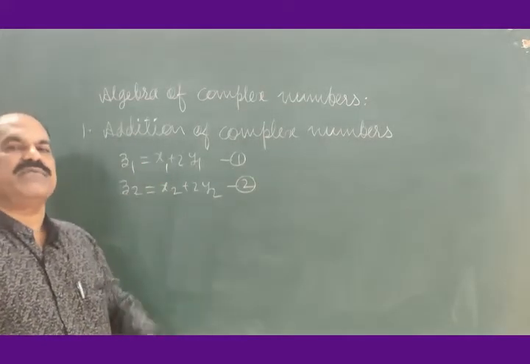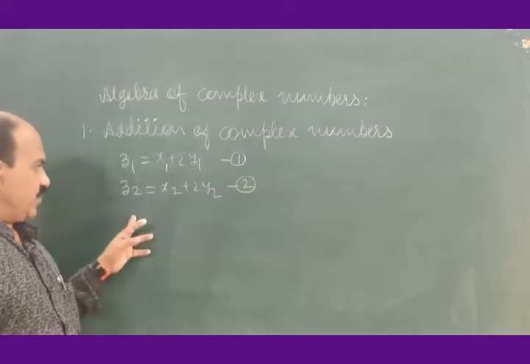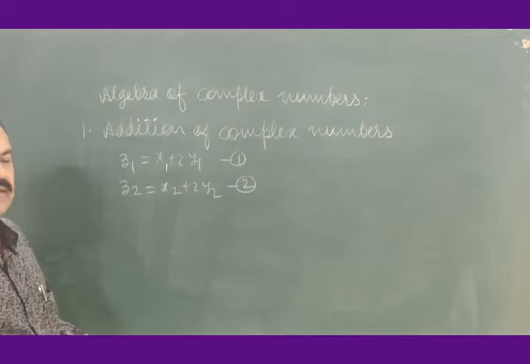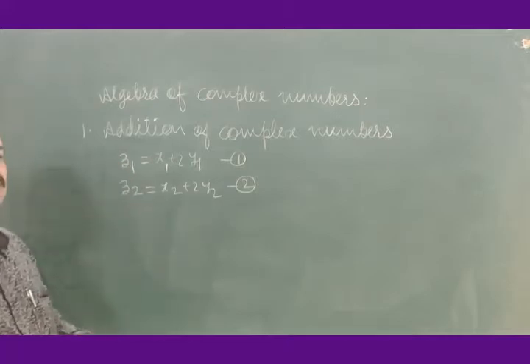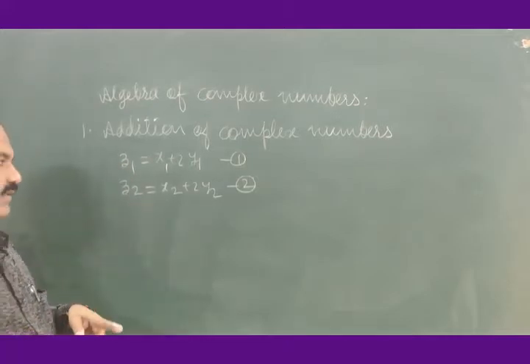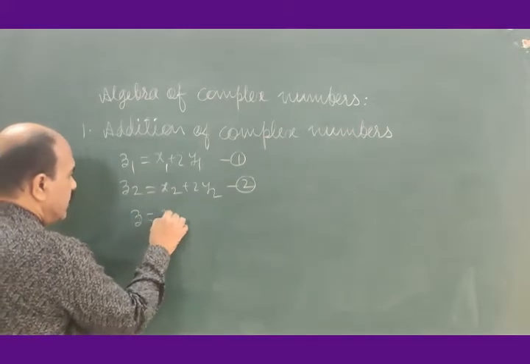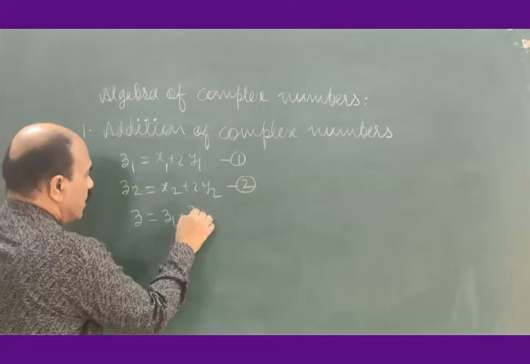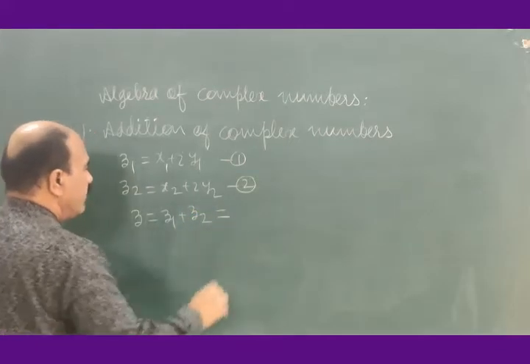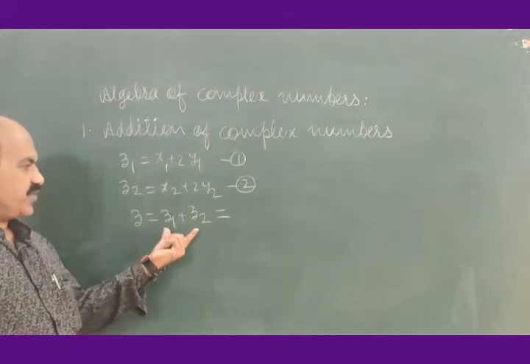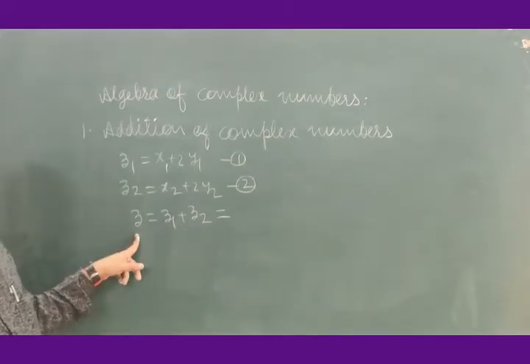Z1 is equal to x1 plus iy1. Z2 is equal to x2 plus iy2. Addition of these two complex numbers is a complex number. That is, complex number Z is equal to complex number Z1 plus complex number Z2.